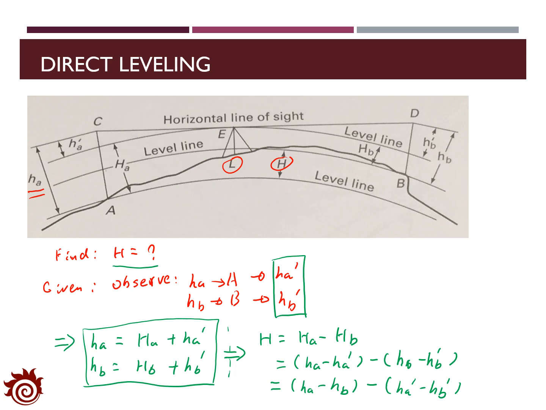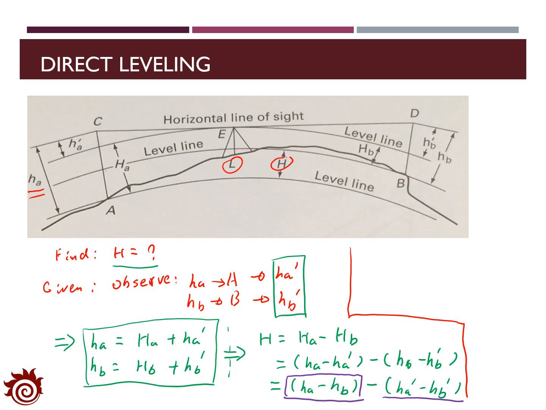In general, the first term can be observed from the experiment, which comes from the readings from the rods, while the second term consists of the errors caused by the curvature and the refraction. Usually we cannot identify the exact value of these two terms. However, we know that the combined error is a function of the horizontal distance.